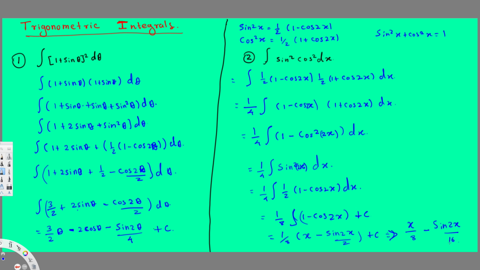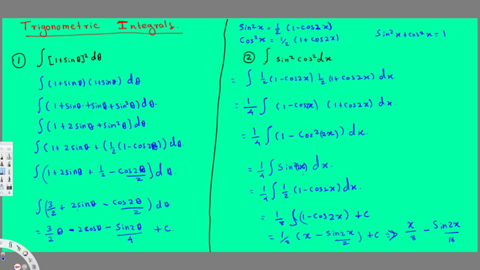It looks like there's some mistake right here. Let's figure it out. Sine square 2x: if you notice, when we have x, we have 2x right here.